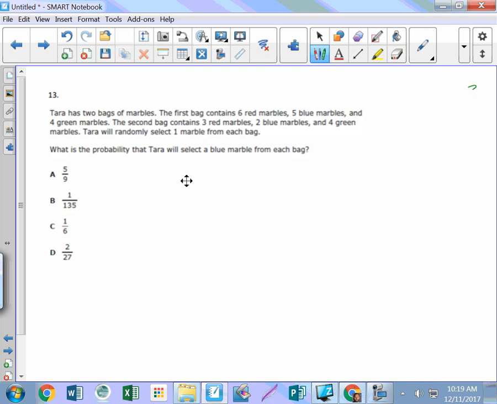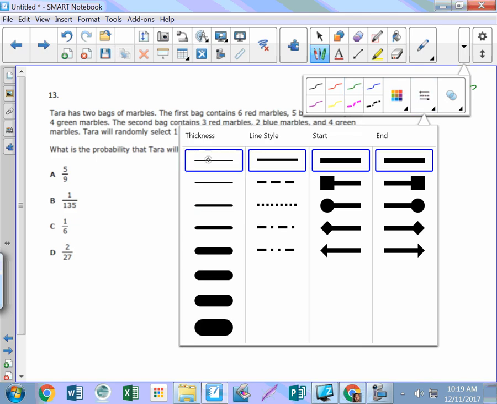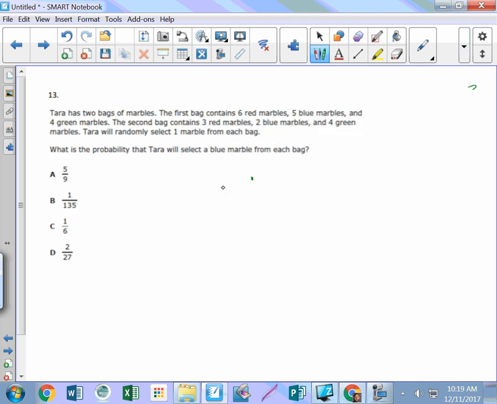All right, blue, 5. Oh, goodness. Fix this. 5 blues. 6, 5 is 11. Plus 4 is 15. And then the other one, blue, is 2. That's 3, 4, 5, 9. Let's see what's 15 times 9.